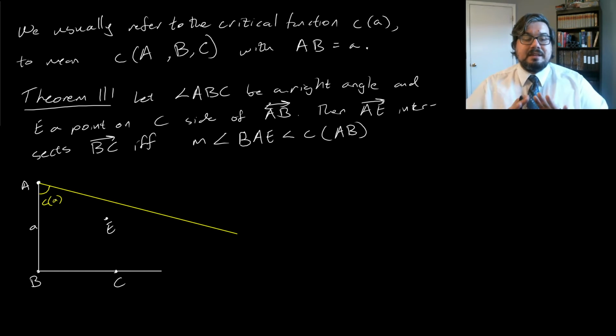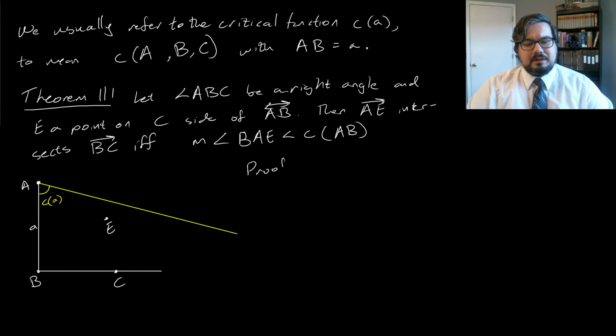So possibly the most important part of this is that the ray coming off of A, which has an angle measure exactly equal to the critical function, doesn't intersect the ray BC. So let's see how the proof of this goes.